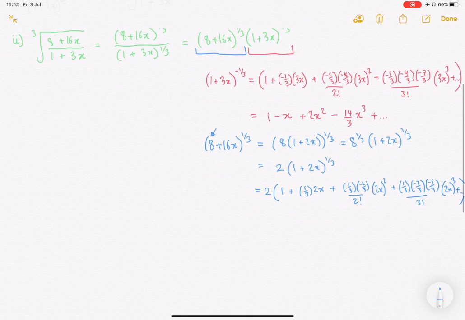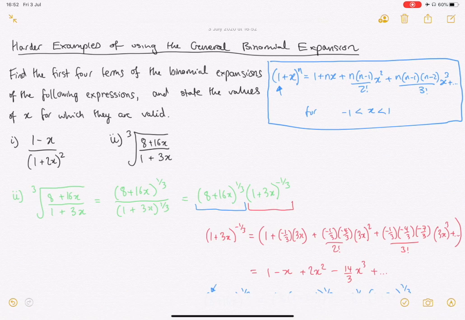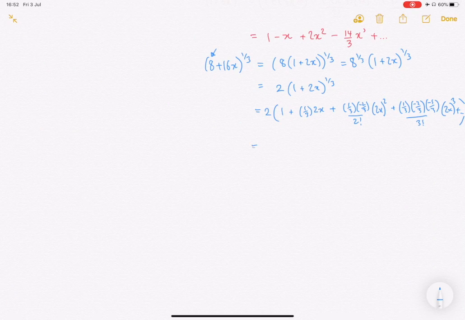And again, doing a bit of simplifying, this is equal to 2 lots of 1 plus 2 thirds of x plus, cancelling a factor of 2, we get negative 4 over 9x squared, and here, cancelling a factor of 2, plus 5 times 8, so plus 40 over 3 to the power of 4, 81x cubed, plus our remaining terms.